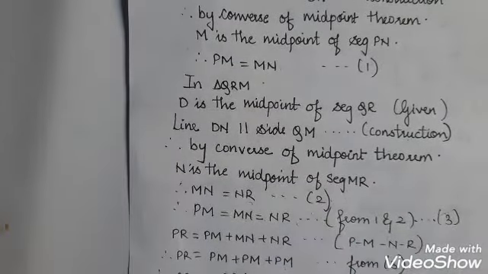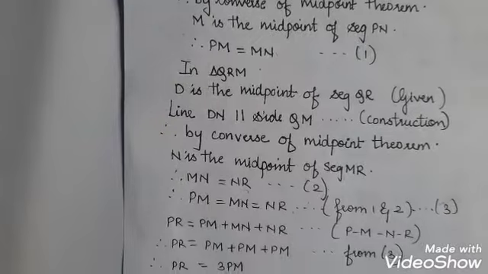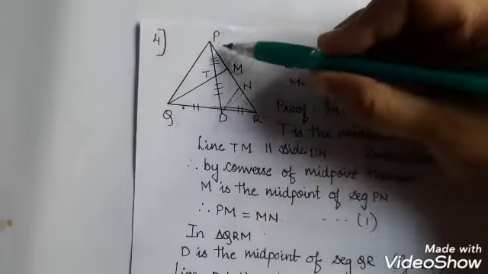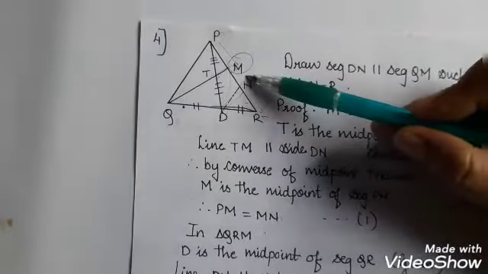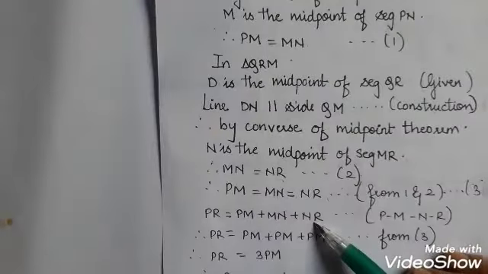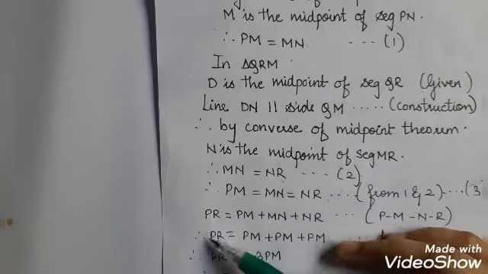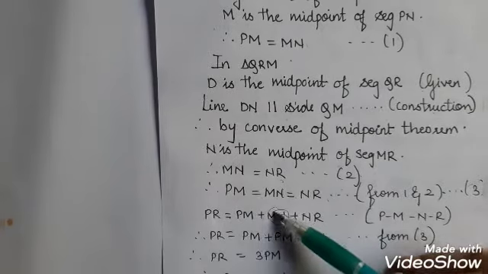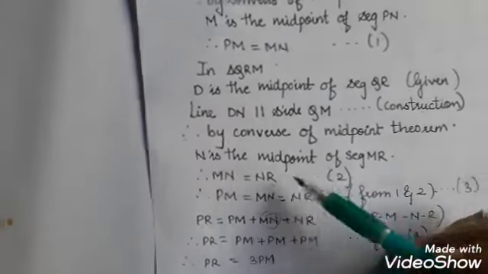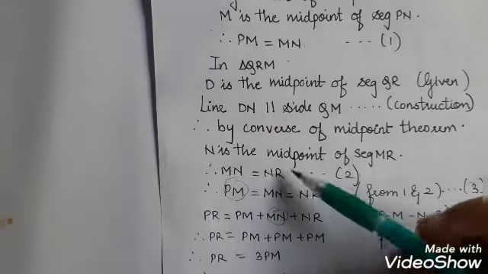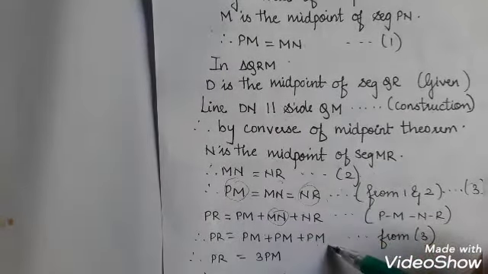Now let us see what is PR. This entire PR is PM plus MN plus NR, right? Therefore, PR is equal to PM plus, instead of MN, I can write PM, and in place of NR, also I can write PM.